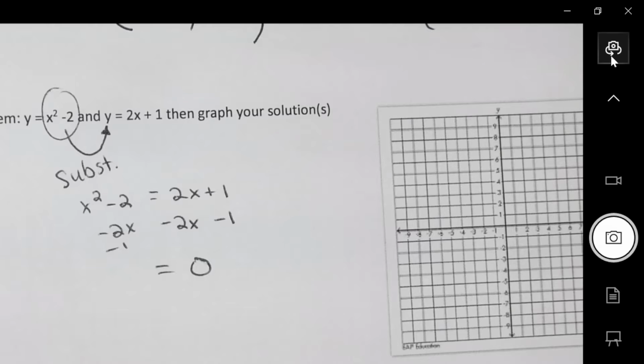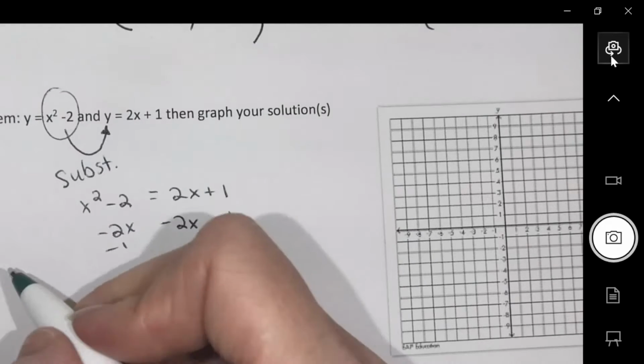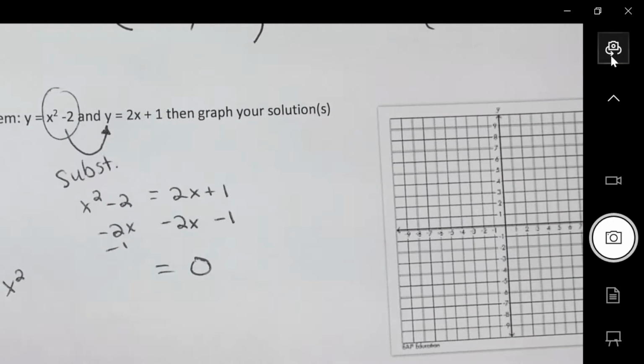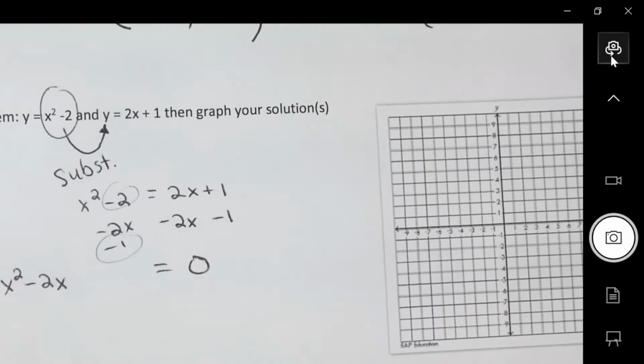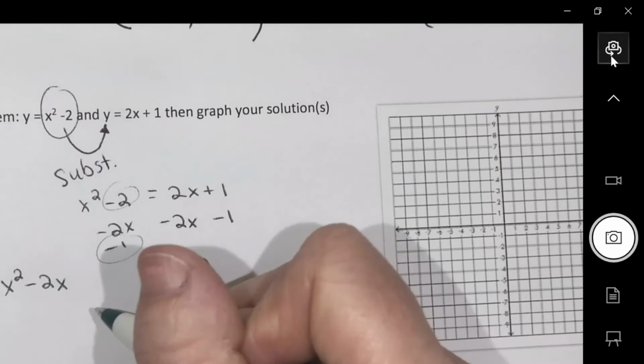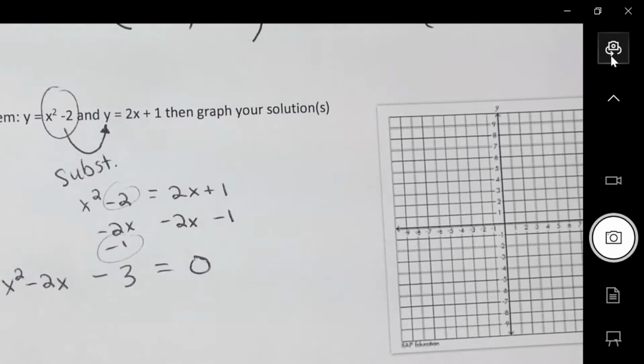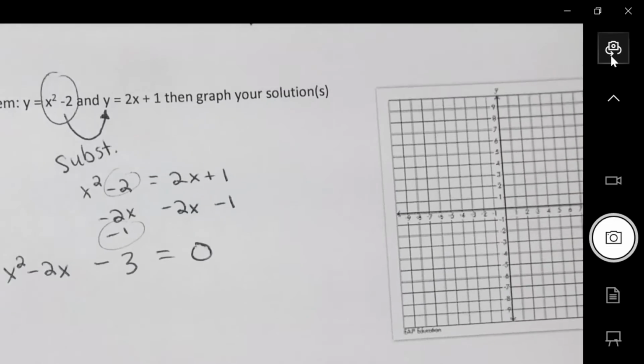So what does this side become? So x squared minus 2x, and I can put those units together, minus 3. Okay, now I think I can factor this.